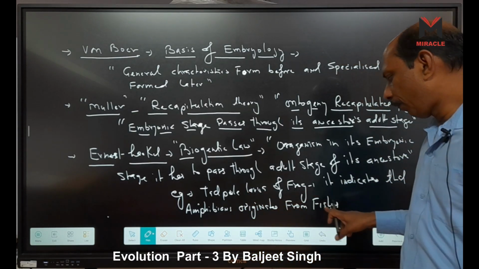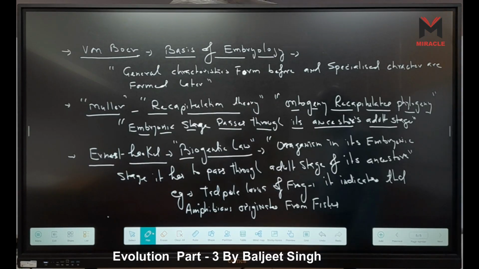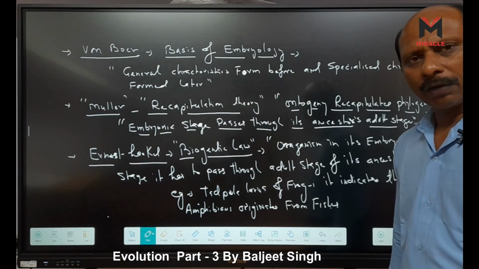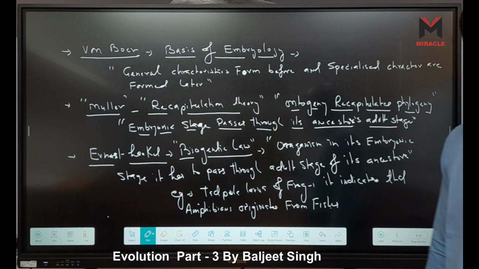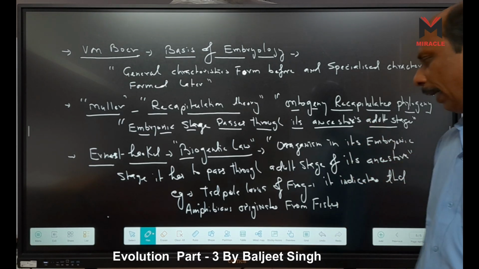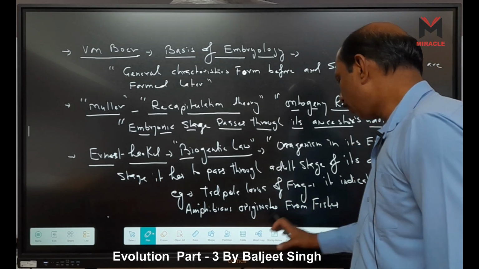But in the frog, tails are absent. Legs are formed, tails are totally degenerate, gills are also absent. That indicates that amphibians originate from fishes.